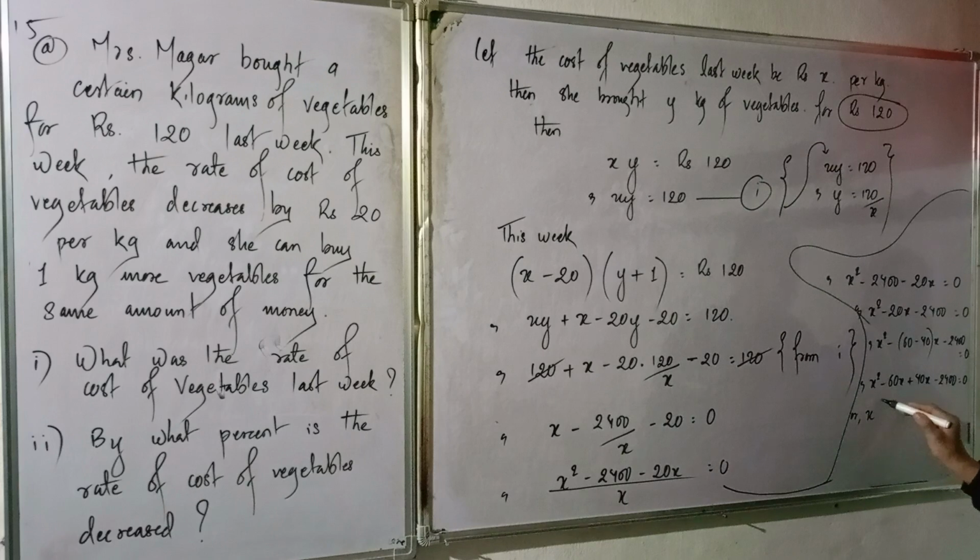Take common: x minus 60 and x plus 40 is equal to 0.